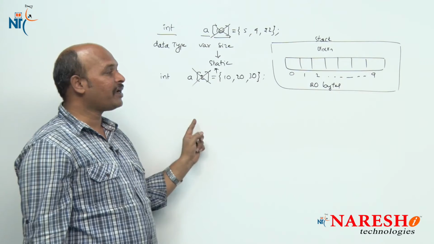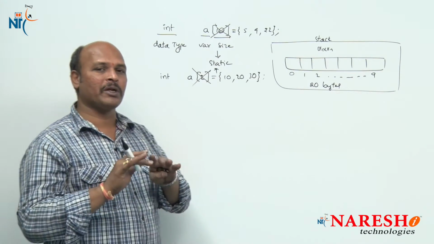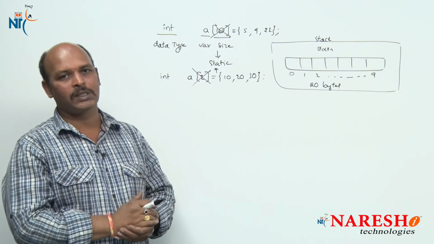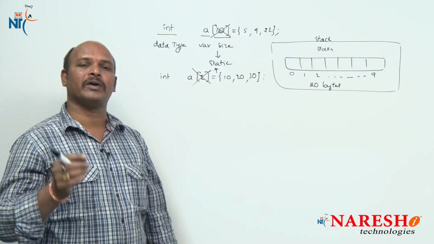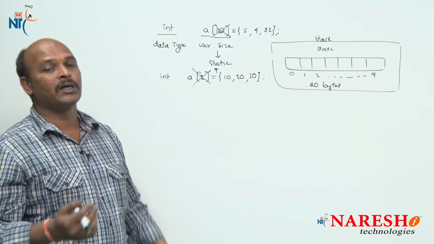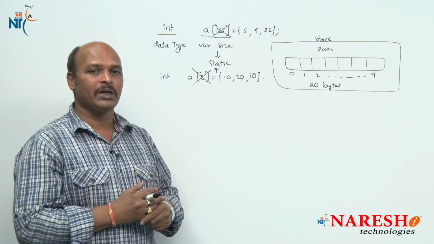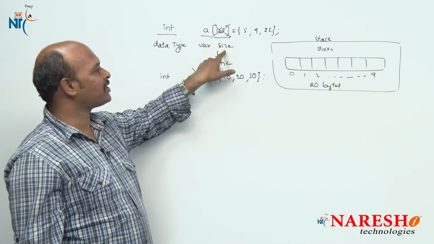When the memory is decided, the programmer first types the program, means completes the program first, and later goes for the compilation process. Every program has to be compiled. When the program is compiled, the compiler reads the size first.